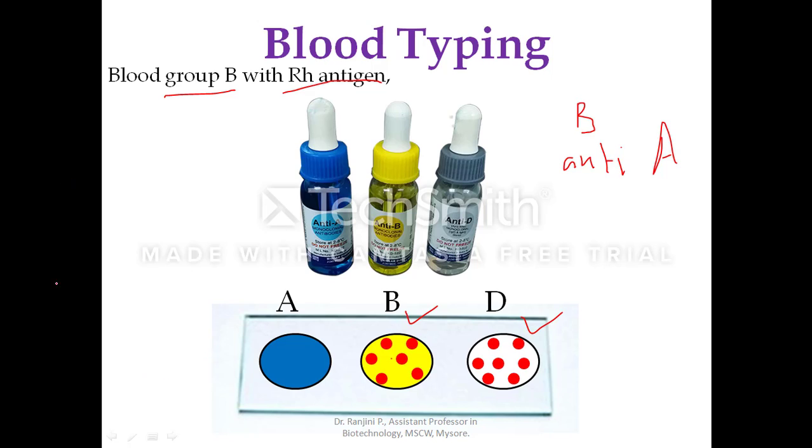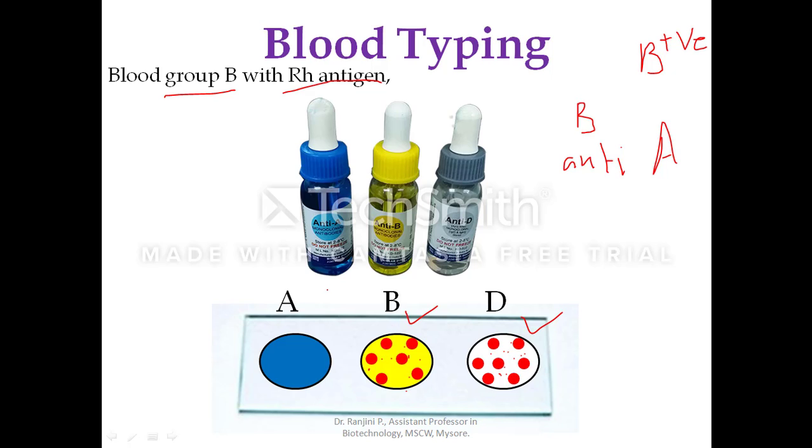That's why his blood shows clumping, or agglutination, in the circle B and in the circle D, because he carries the Rh antigen. That's why he is considered B positive.